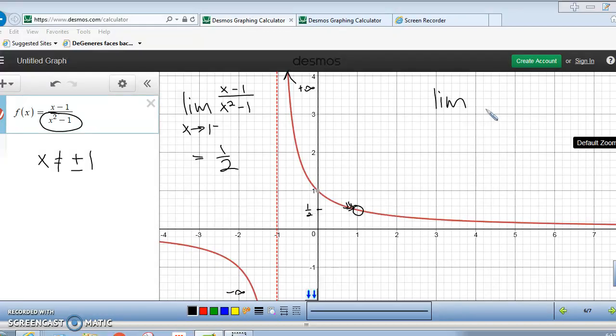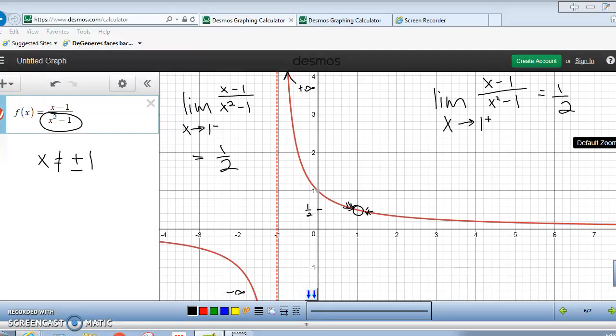And we have to compare that to the limit from the right. Again, we get very close, and we're approaching the exact same value of 1/2. So the answer should be 1/2.